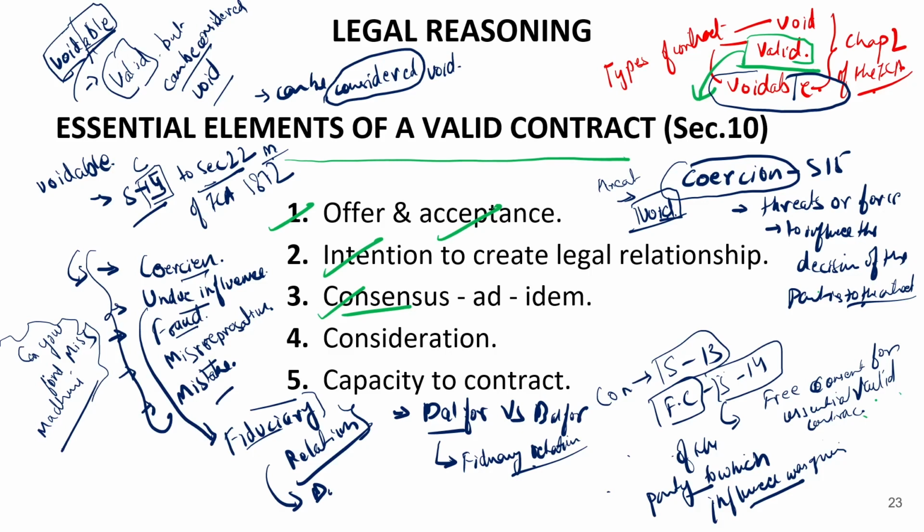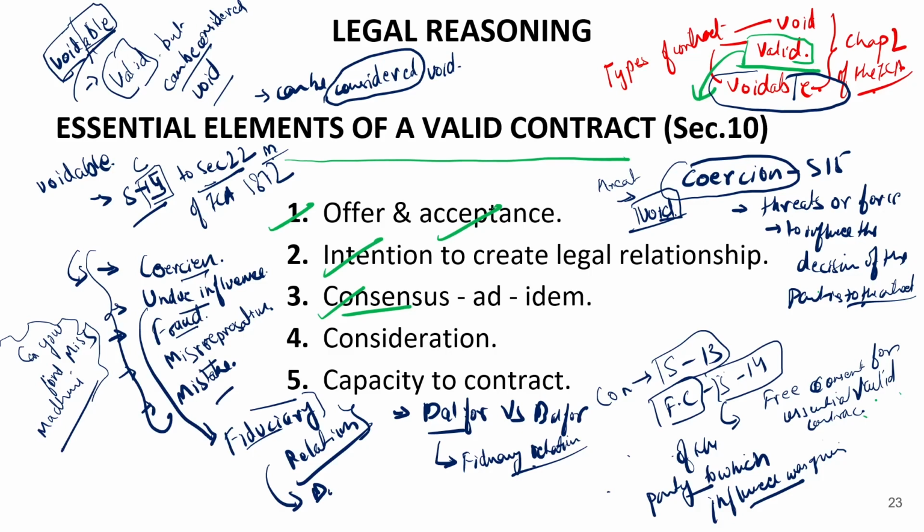So undue influence is much more about the capacity of one party to overrule the decision of the other party because of their command and their position in that relation. That is why it is considered a voidable contract if undue influence has been proved in that matter. Then you have fraud.